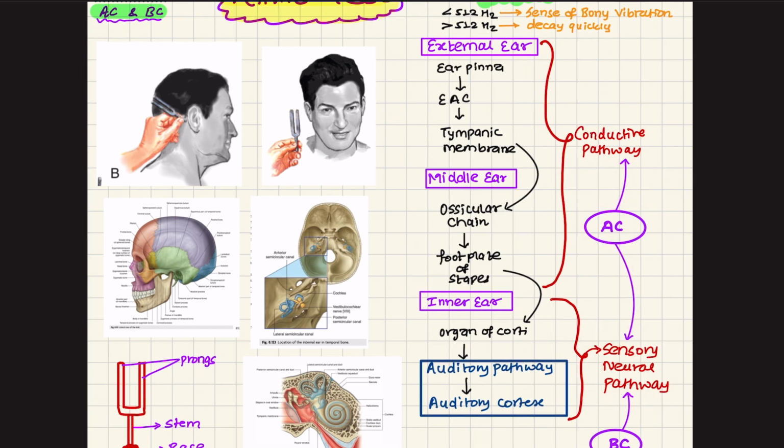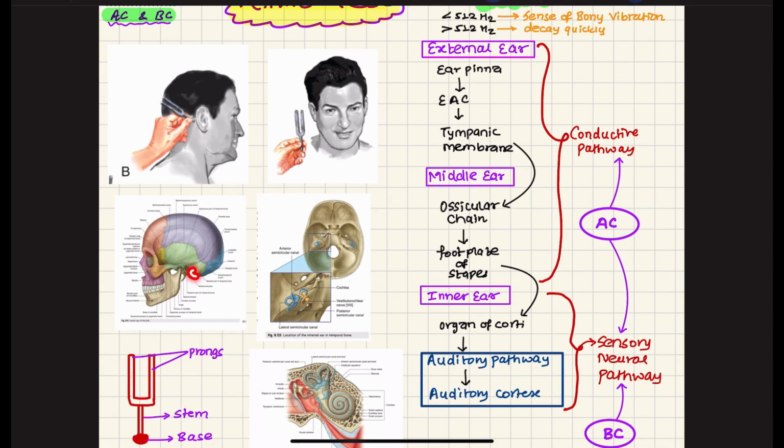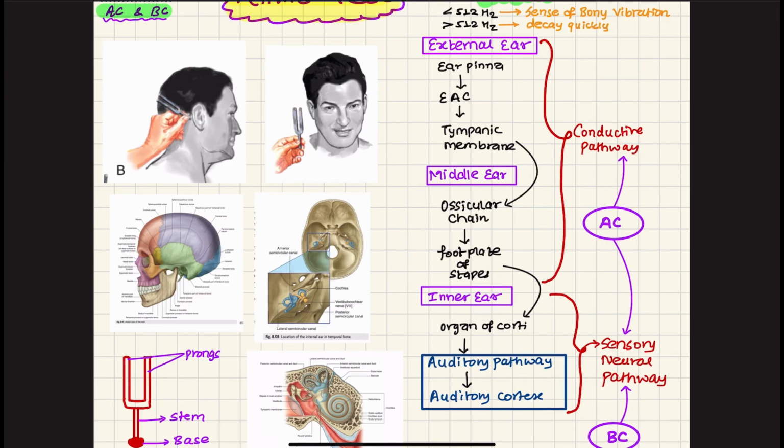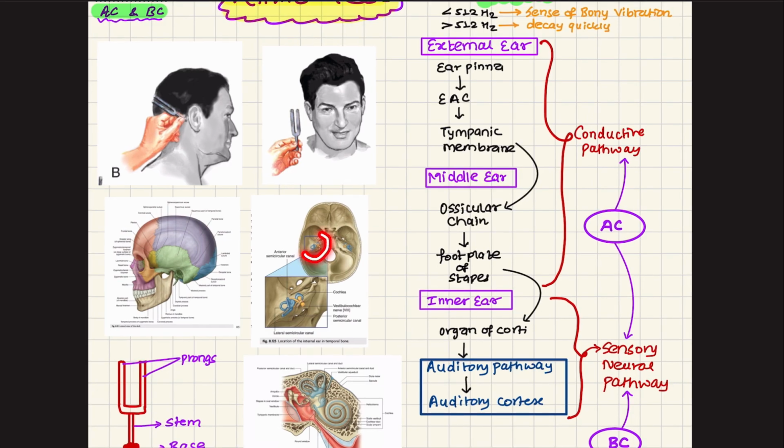But what about bony conduction? In bony conduction, we put the vibrating tuning fork on the mastoid process. This is the mastoid process. So the vibrating tuning fork will also vibrate this mastoid process, and now the whole skull will vibrate. This leads to the vibration of this petrous part of the temporal bone as well.